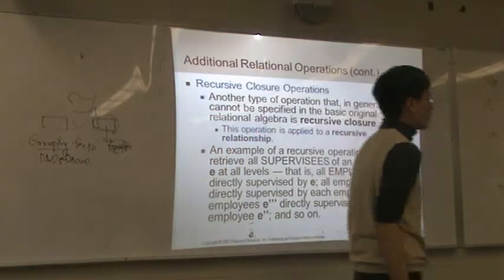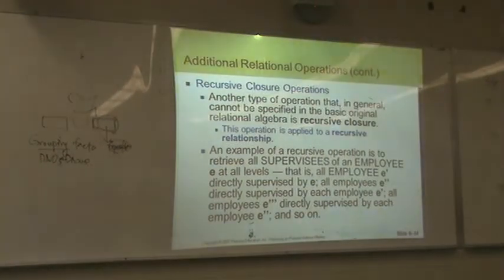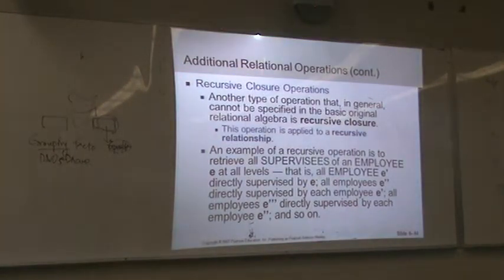We have a recursive relationship, like the supervisor supervises an employee, and that supervisor has a supervisor too, right? At that time, it's easy to make the query in English: retrieve all supervisors of a specific employee, or retrieve all employees supervised by me, and the supervisor of my supervisor, something like that.